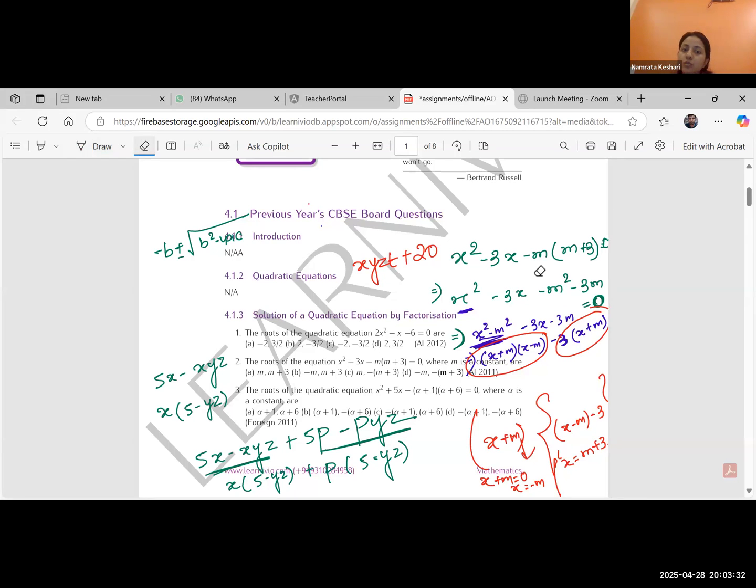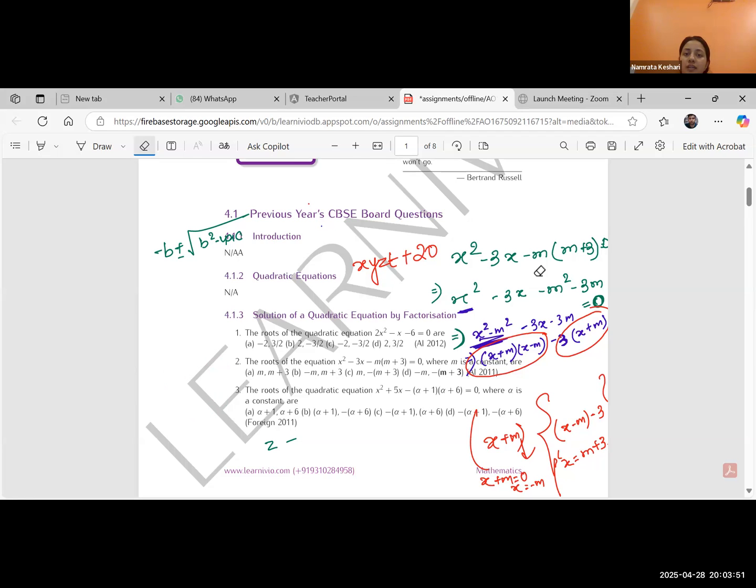Now we can also solve it by using the quadratic formula. Let me show you briefly how the quadratic formula will turn out. Will it be really lengthy or what? Let me show you. We are able to understand what is A, what is B, what is C, right?